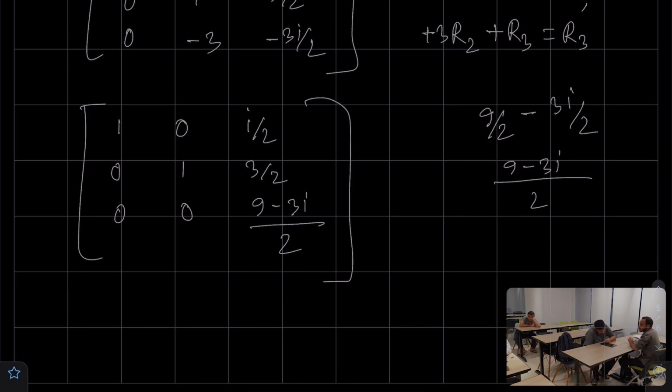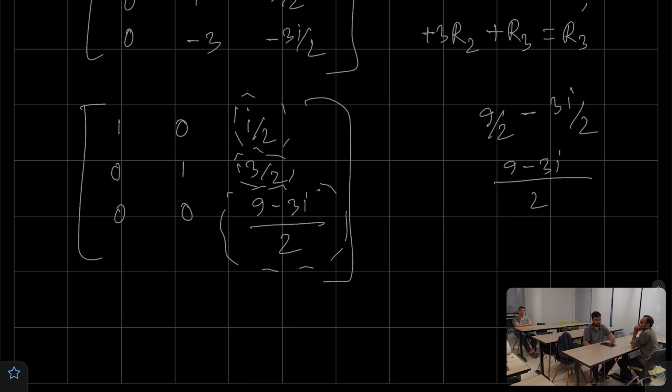This is it, right? So what will be your next operation? You are just going to make this a 1, right? So you can divide it by this, and again you can perform the other two to make this and this 0, right?